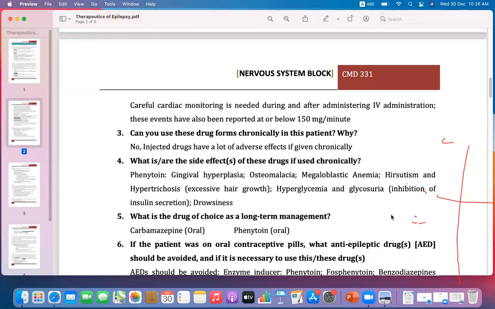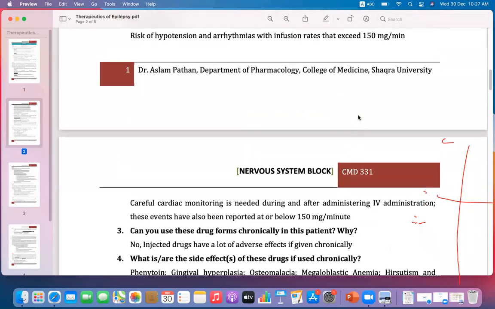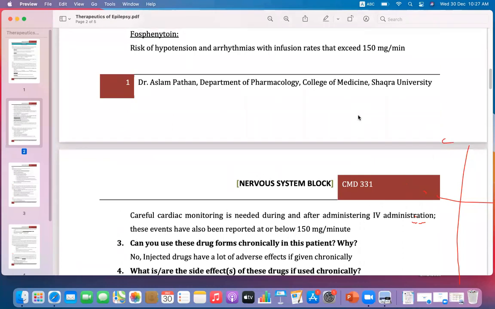Careful cardiac monitoring is needed during and after the administration of IV phosphenytoin, because these events have also been reported at or below the 150 milligram per minute infusion rate.